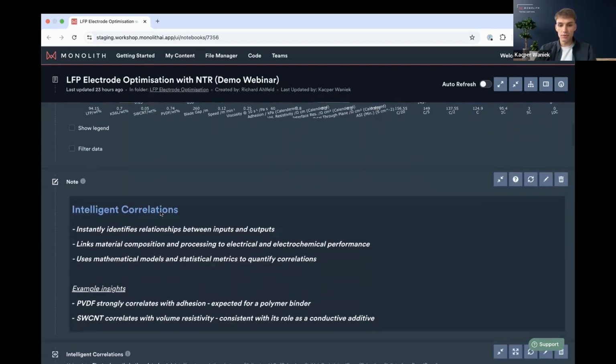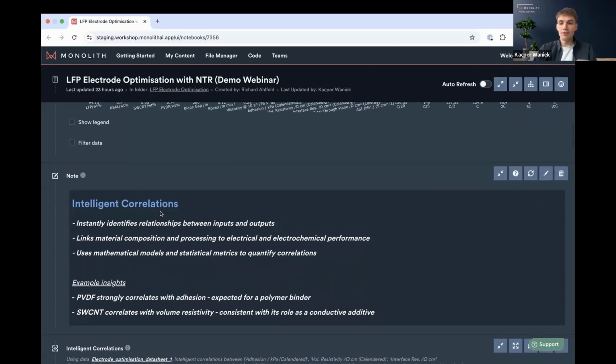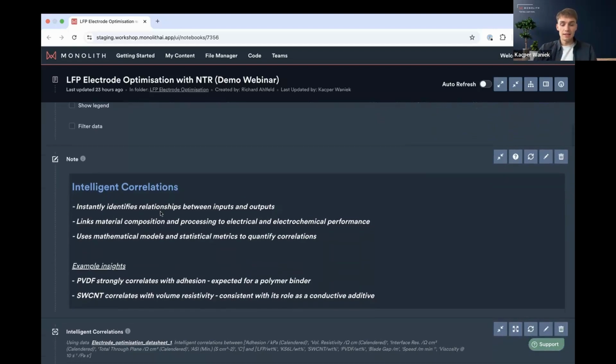And once we've explored the design space, the next natural step is to uncover some relationships between inputs and outputs. That's where Monolith's intelligent correlation feature comes in. This tool allows us to instantly identify which parameters are most strongly linked.